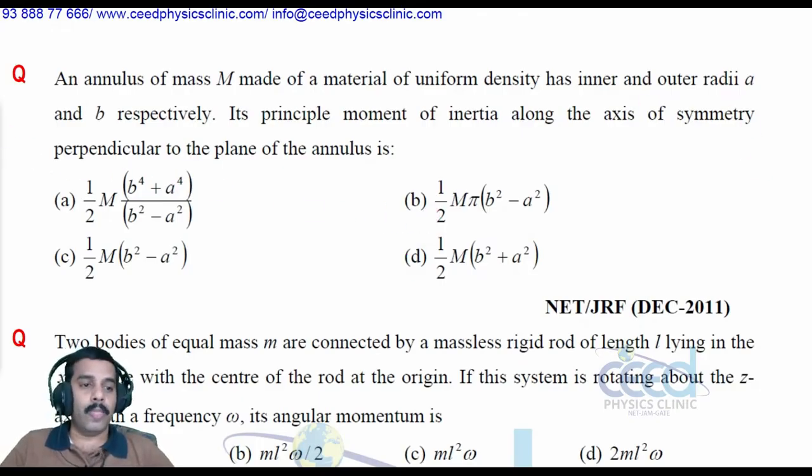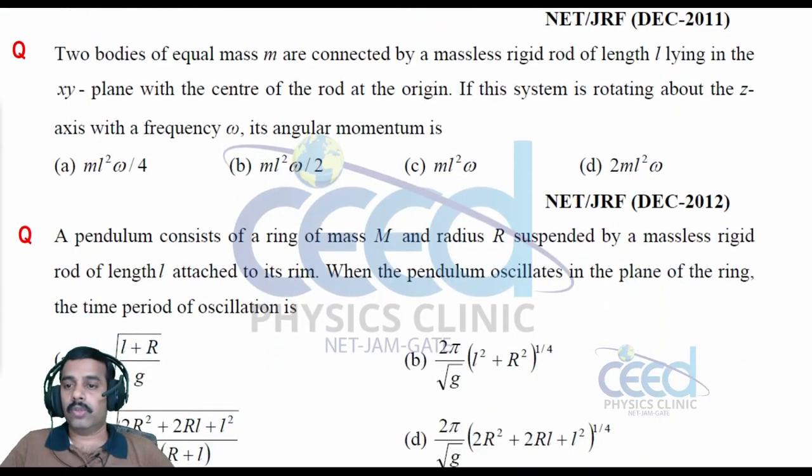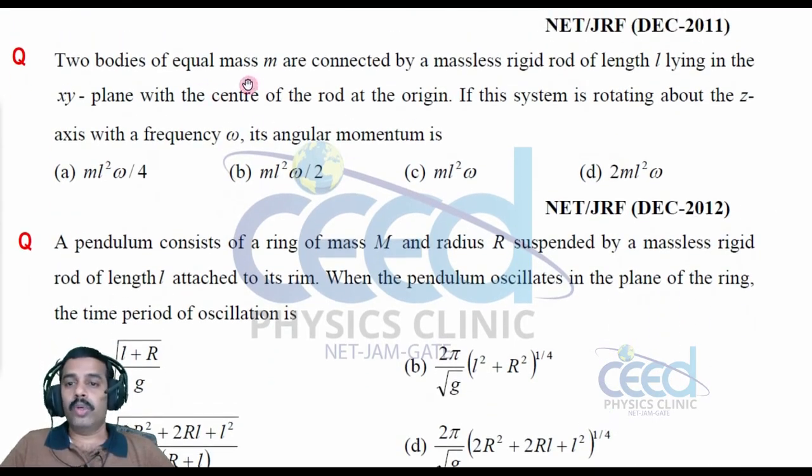All right, now let us have another question here. Two bodies of equal mass m are connected by a massless rigid rod of length L lying in the xy plane with the center of the rod at the origin. If the system is rotating about the z-axis with the frequency omega, the angular momentum is.